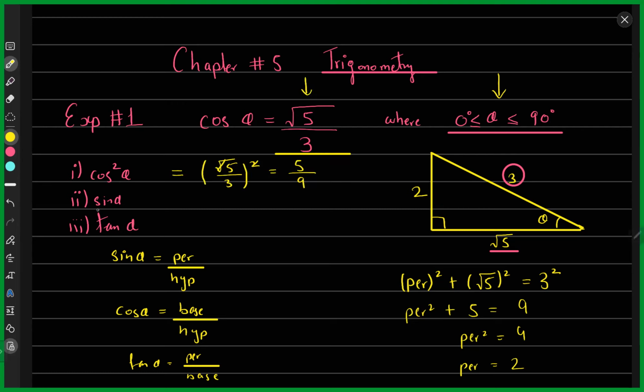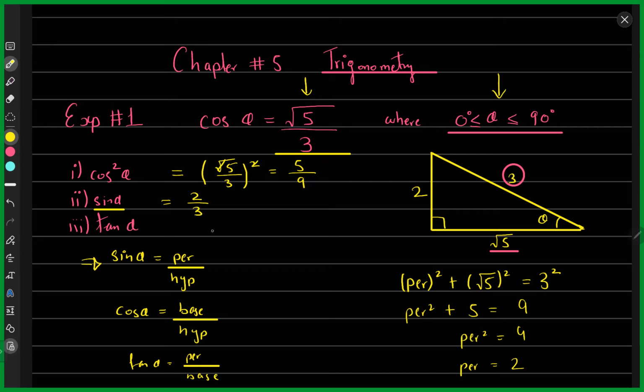For sine theta, it's very simple. Sine theta is perpendicular over hypotenuse. So the perpendicular side is 2 and the hypotenuse side is 3. And finally, for tan theta, it's perpendicular over base.